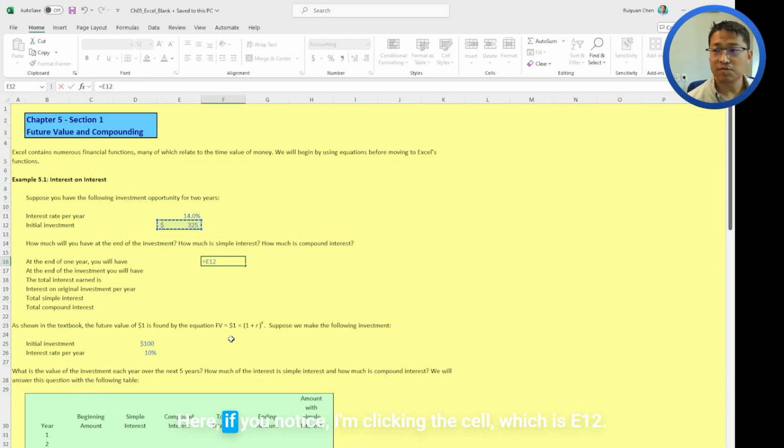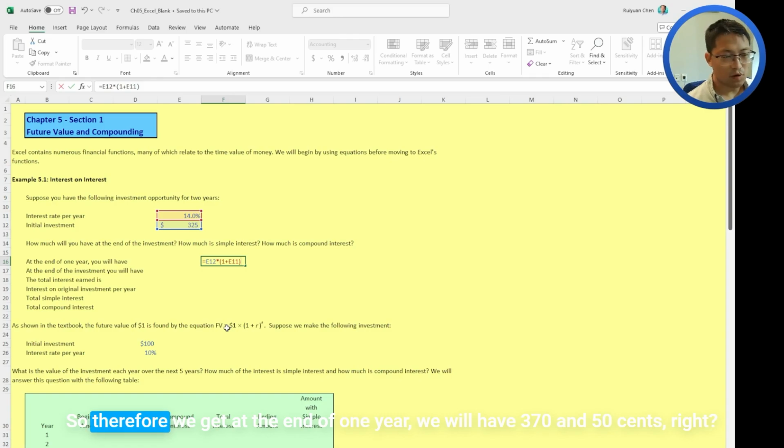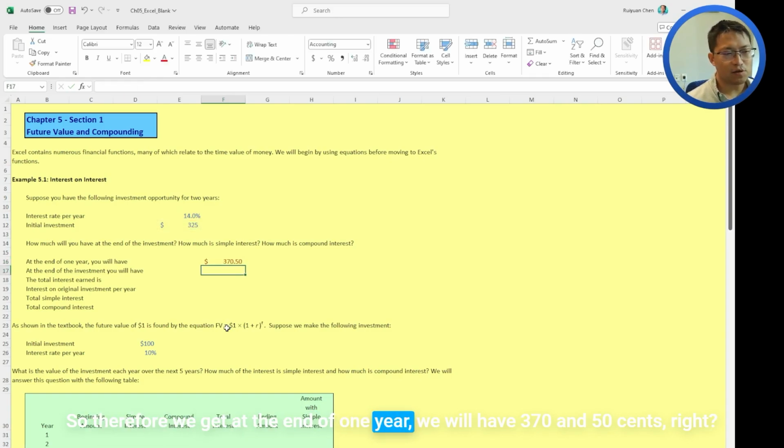Here, if you notice, I'm clicking the cell, which is E12. What it shows here is E12, right? We call this the cell reference. We're referring to that cell rather than just typing the value 325. This is very important. We always refer to the cell. And then we multiply by 1 plus the interest rate, which is 14%. So therefore, at the end of 1 year, we will have $370.50, right?